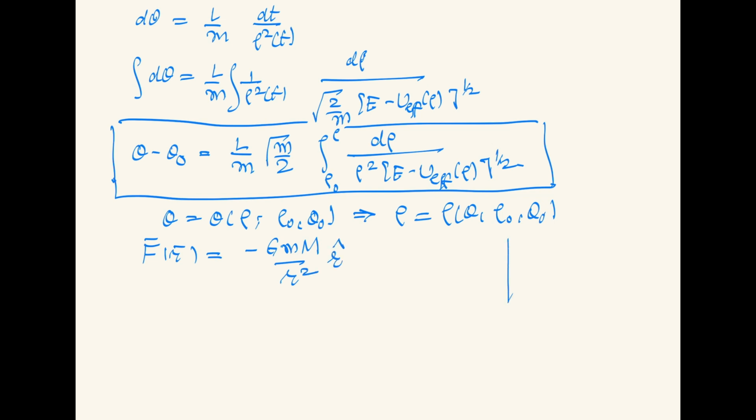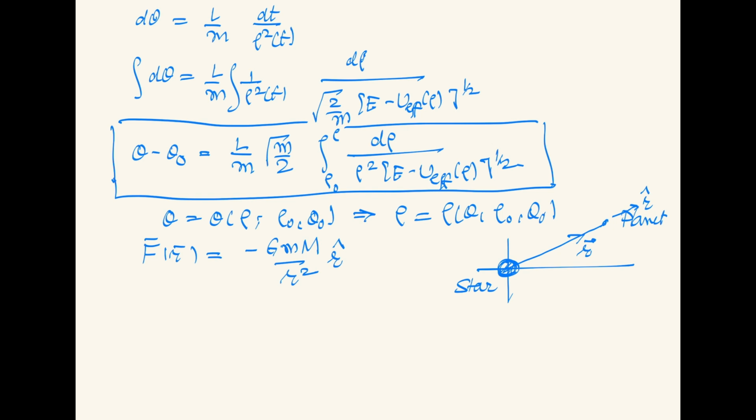So that means if I have a star over here and a planet over here, so this is my star and this is the planet, and there is going to be a radius vector for the planet, and this is going to be my r cap. Okay, so what's going to happen?